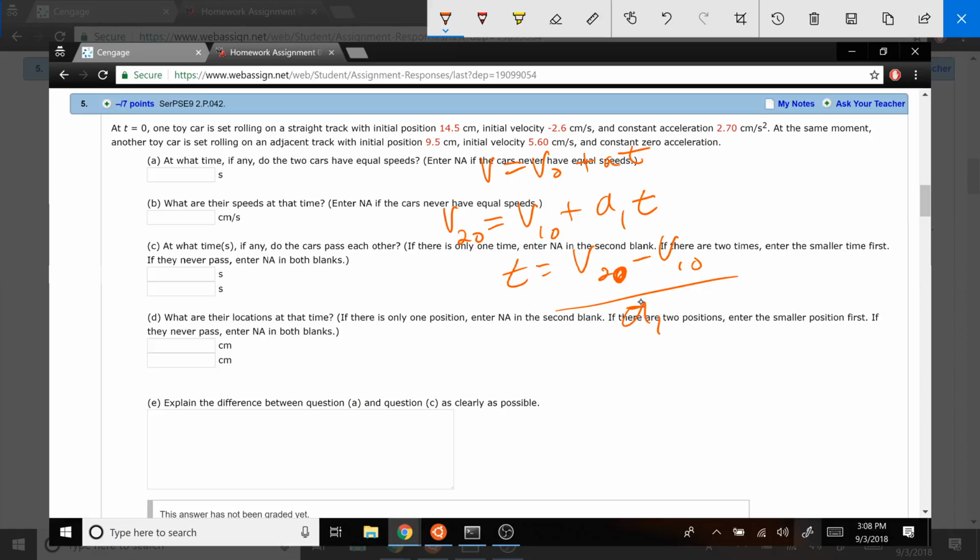What must their speeds be when their speeds are equal, when the speed of one doesn't change? Okay, well, I guess it would be the 5.6. It should, if you plug it in though, come out to that, shouldn't it?